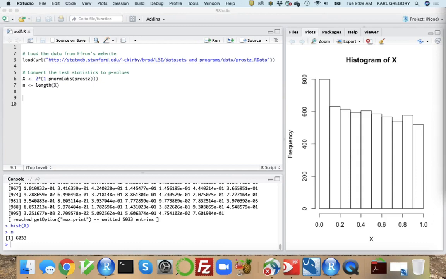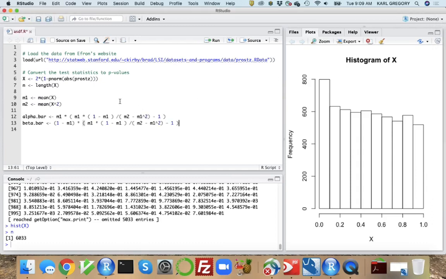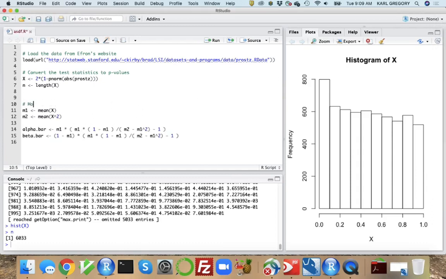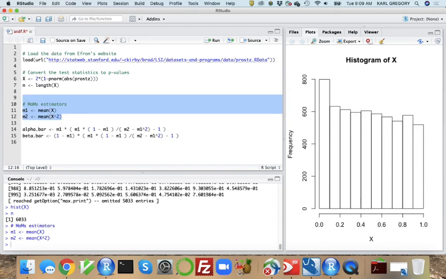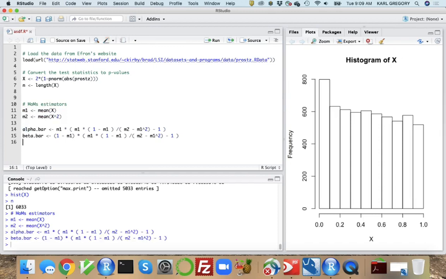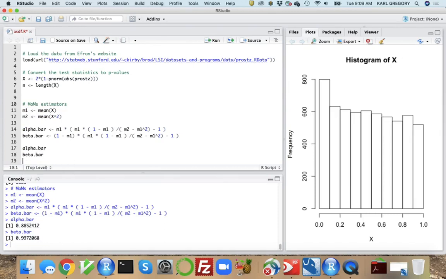Previously, and I'm going to paste this in from another window, the method of moments estimators we could compute quite easily. We got the first two moments, and then we used these equations, and we got alpha bar and beta bar. So that's stuff we went through before.